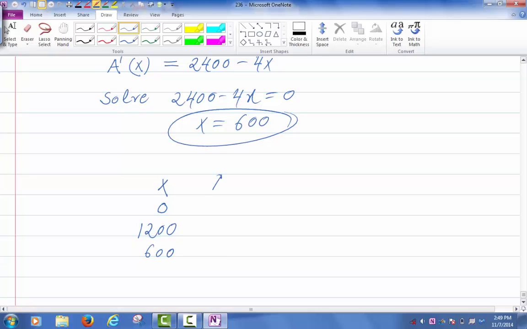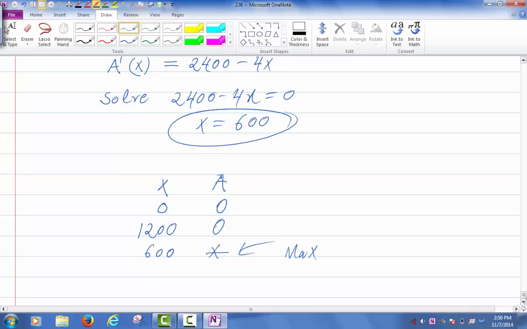What are the values of the area? Well, at the end point 0, if x is 0, then the area would be 0. If x is 1200, note that the y value would be 0, and then the area is 0 again. So whatever that is, that's going to be my maximum area.